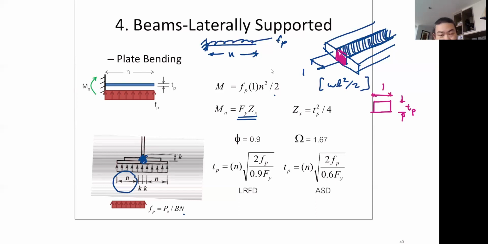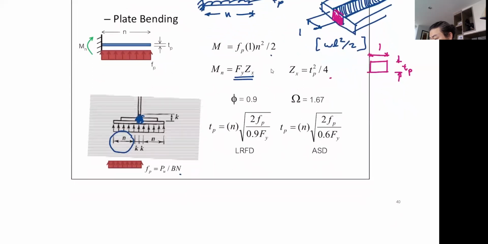So it's BD square over 4, so 1 multiplied by TP square over 4.